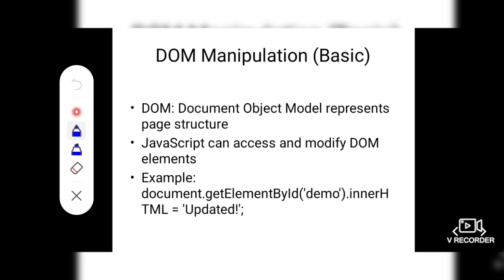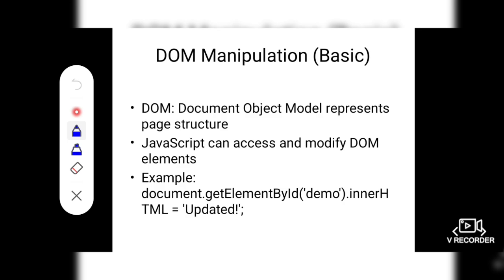We use these terms here: get element by ID, change text, change style, create element, remove element. We use get element by id or query selector, innerText for change text in HTML, style dot property for change style, create element and append child, and remove with parentheses.